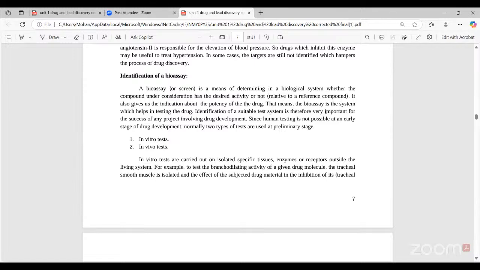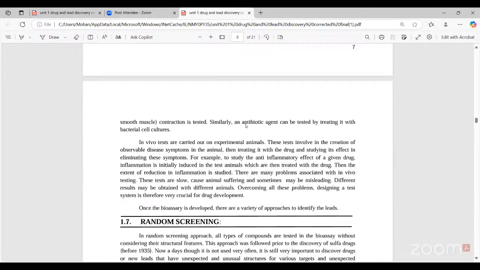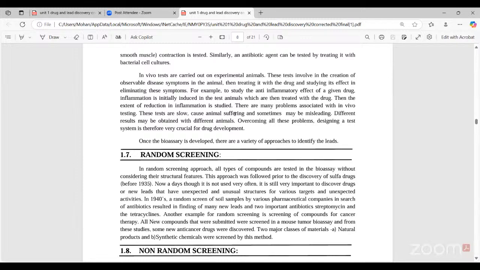In vitro tests are carried out on isolated systems: tissues, enzymes, or receptors outside the body, to test the activities of a given drug molecule. For example, tracheal smooth muscle is isolated and the effect of the drug on its contraction is tested against a control.